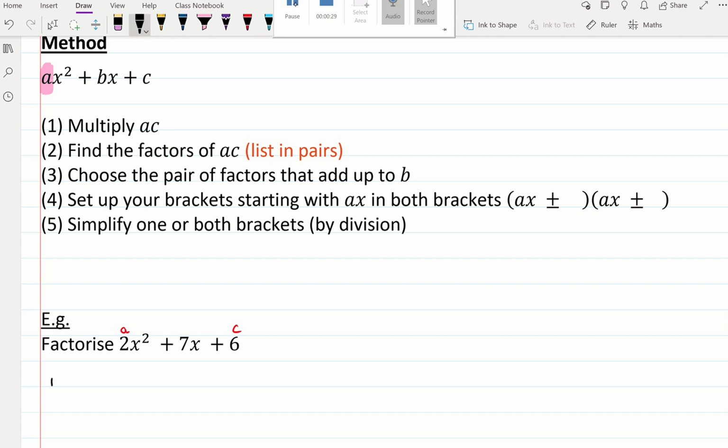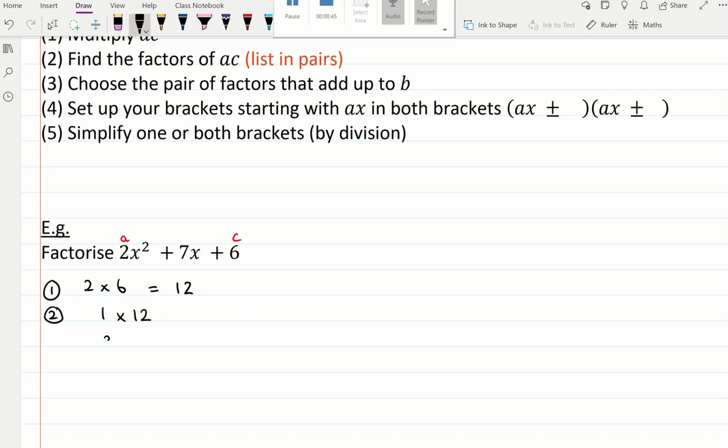So step 1, I'm going to multiply 2 by 6 and I get 12. Step 2 is to find or list the factors of 12, of AC, in pairs. I always start with 1. 1 times 12, 2 times 6, 3 times 4, 4 times 3.